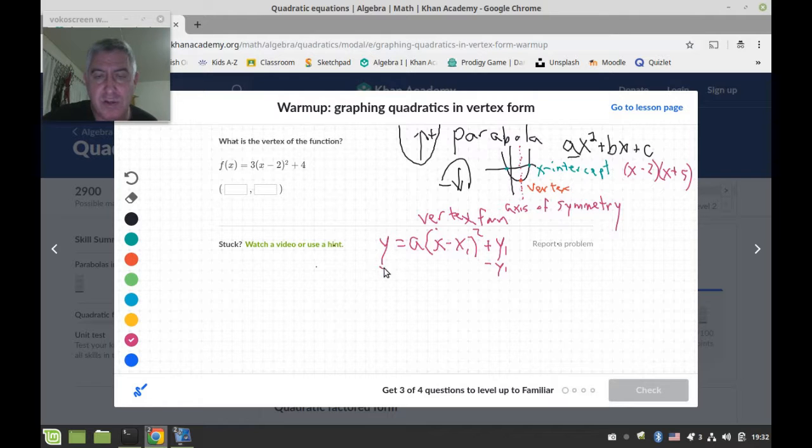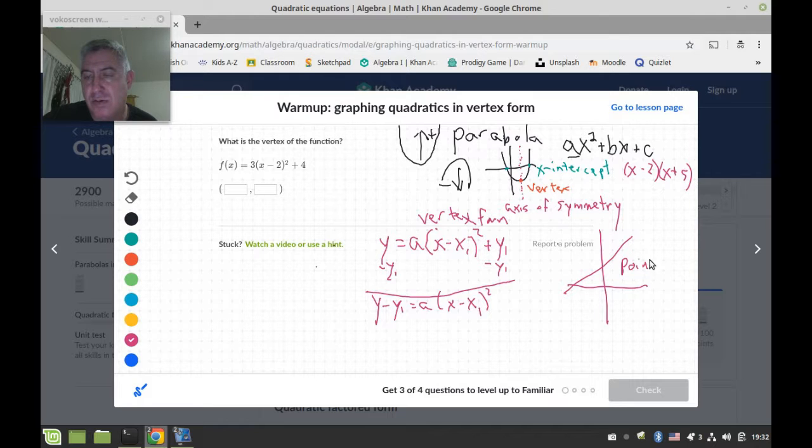I always want to bring myself back to our roots here. So now I have y minus y1 is equal to a times x minus x1 squared. Now that looks a lot like something else that we studied when we were doing linear: point slope.